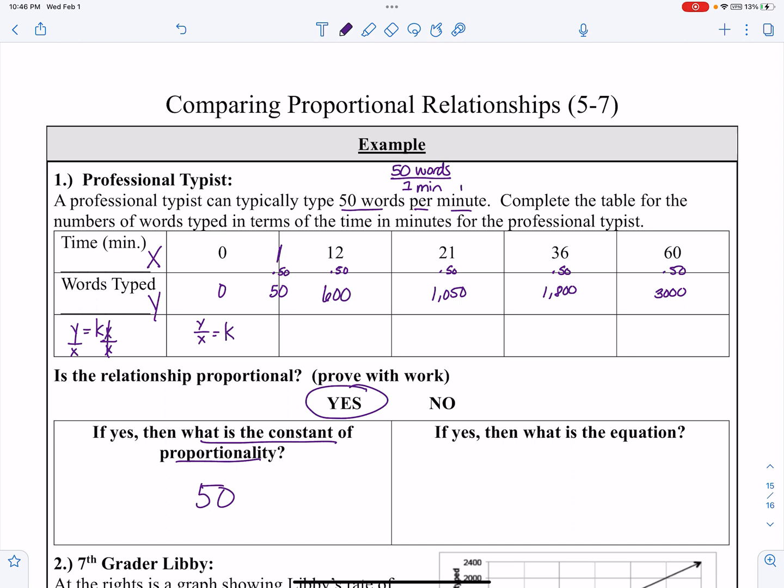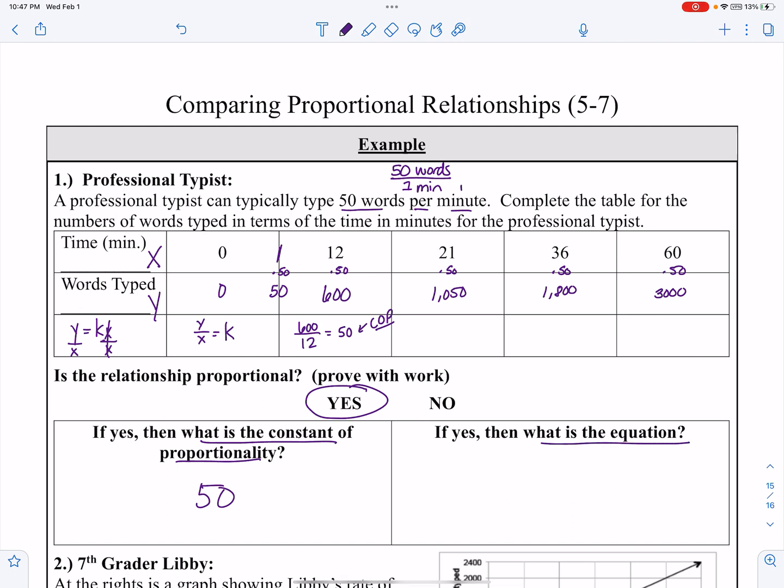If you did Y divided by X, you will get 600 divided by 12, which is also going to get you the 50, your constant of proportionality. You don't need to do that with all of them because you're the one who created the table with the constant of proportionality.